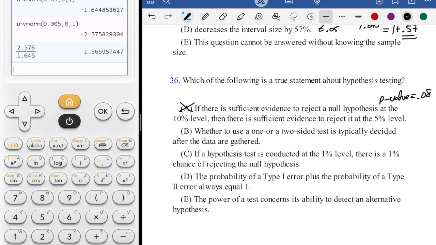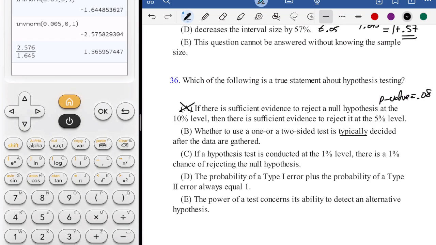Whether to use a one-sided or two-sided test is typically decided after the data are gathered. I don't love that they throw in "typically." Really, you go into a hypothesis test having some predetermined significance level, like you want to prove within a reasonable degree of certainty.